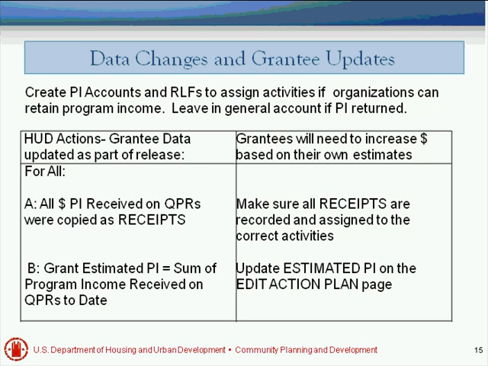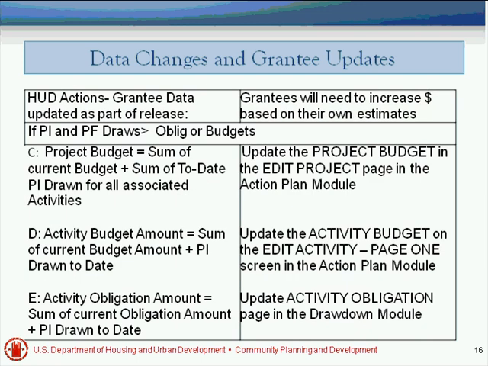If you look through your records and think, based on this rate, we're going to do $3 million in program income over the next few years, then you're going to need to update that from $500,000 to $3 million so that you can accommodate the project budgets, the activity budgets, and the activity obligations, all those things that you're going to have to inflate to allow these things to operate interactively.